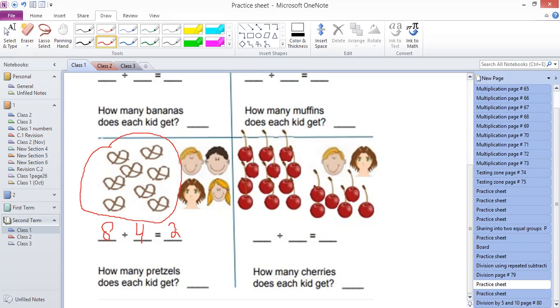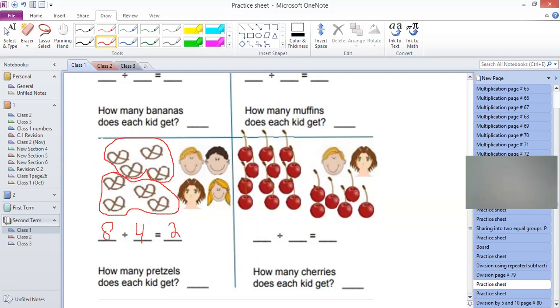I make groups. Okay. Can you help me make groups? 1, 2, 3, 4. Good. How many groups did you make? 2. That's why the answer is 2. Thank you.